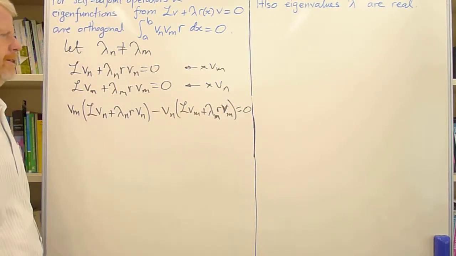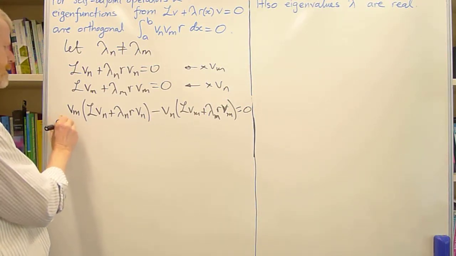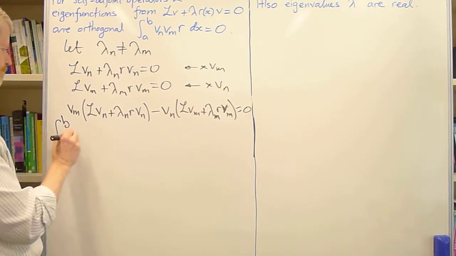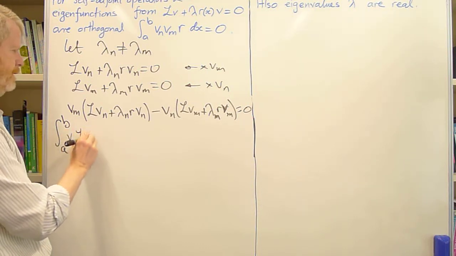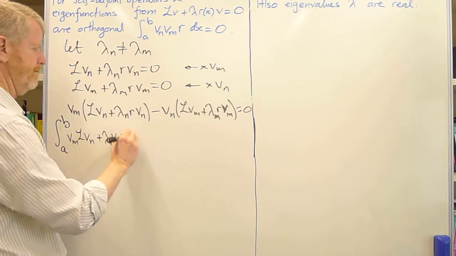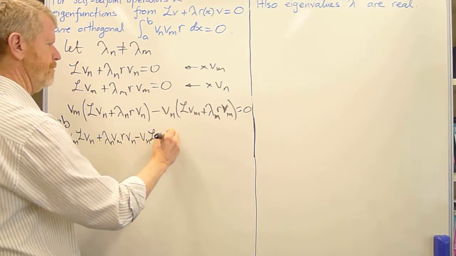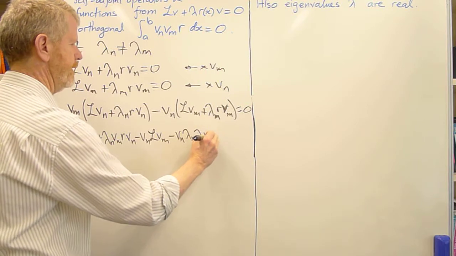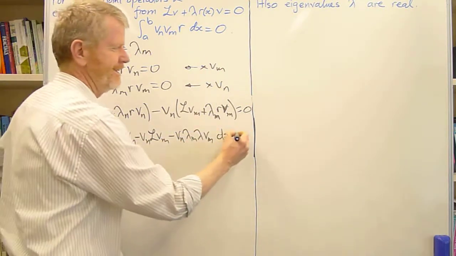Now, integrate this over the domain. So go integral from a to b of this expression, and let's expand these brackets. So it's Vm L Vn plus lambda n Vm r Vn minus Vn L Vm minus Vn lambda m r Vm dx has to be the integral of 0 over the domain, which is 0.